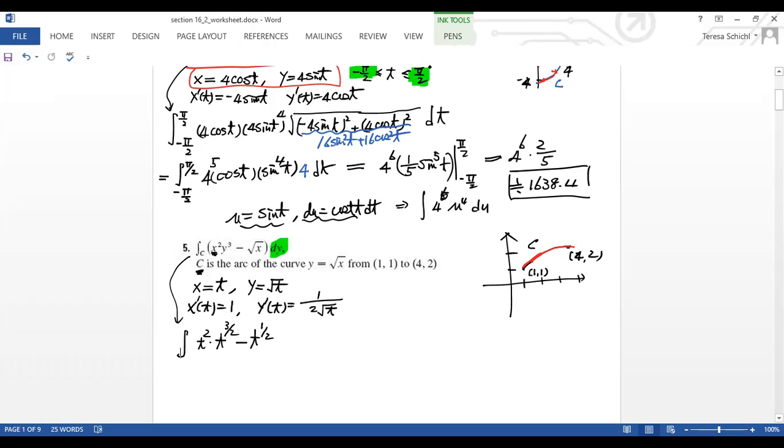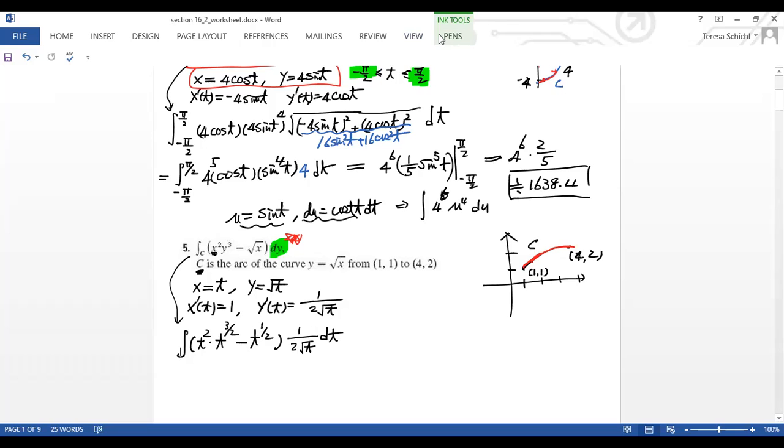Okay, so be careful. Here we said this is dy, right? So I need to use y prime here. So this is where we need to be careful. So y prime is what? This is the 1/2 square root of t, right? Now I'm integrating with the dt here, right?